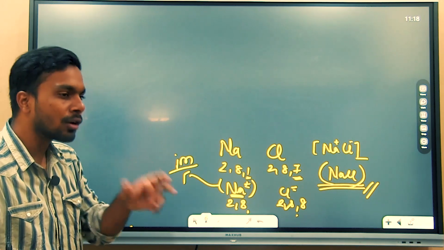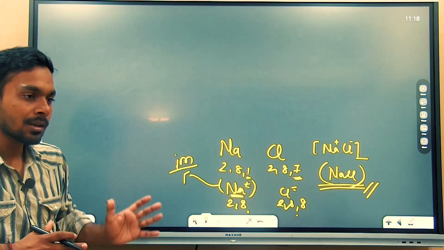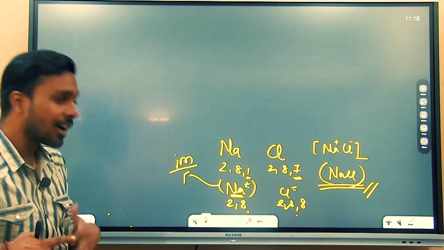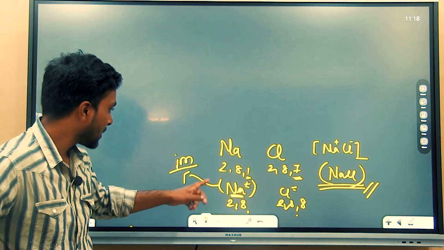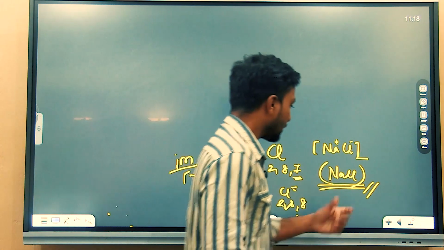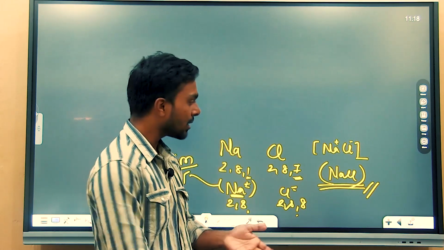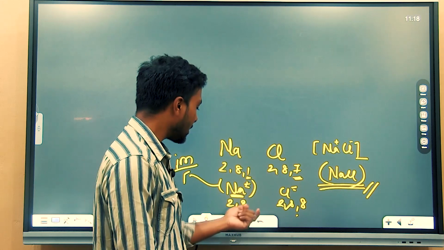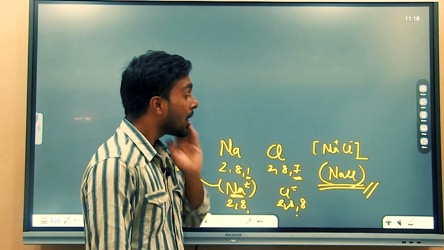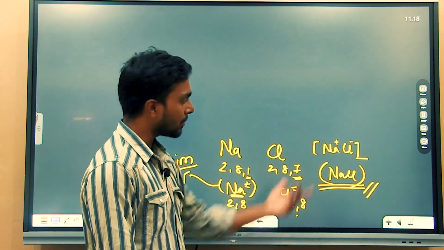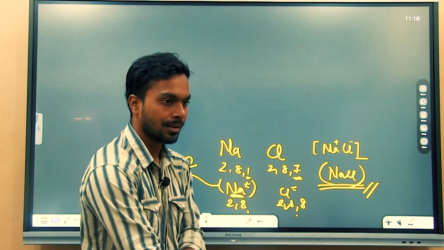There is no bond in the universe which is completely ionic or completely covalent, meaning 100% ionic or 100% covalent, simply because at some point of time they share, because the electron keeps moving here and there, and majorly it resides here. So it shows how we find out that NaCl has an ionic bond.